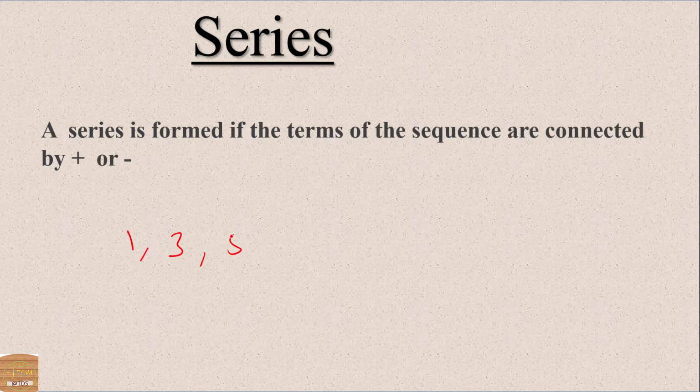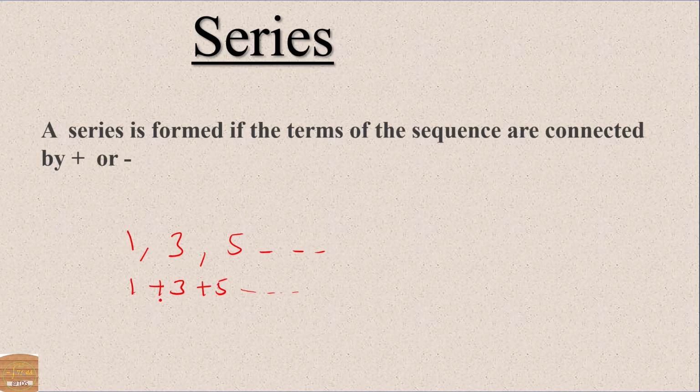Once we join them with either plus or minus, it becomes a series: 1 plus 3 plus 5 and so on. Once we connect the terms with plus or minus, we have a series.